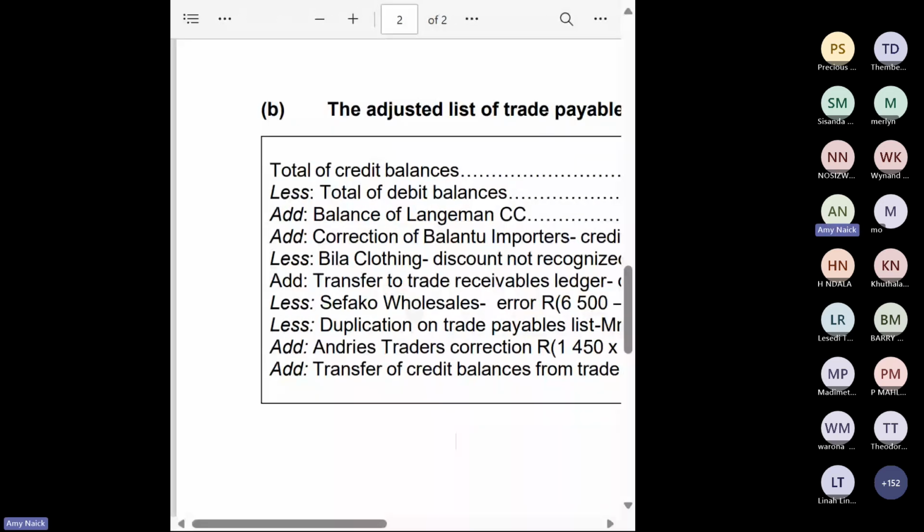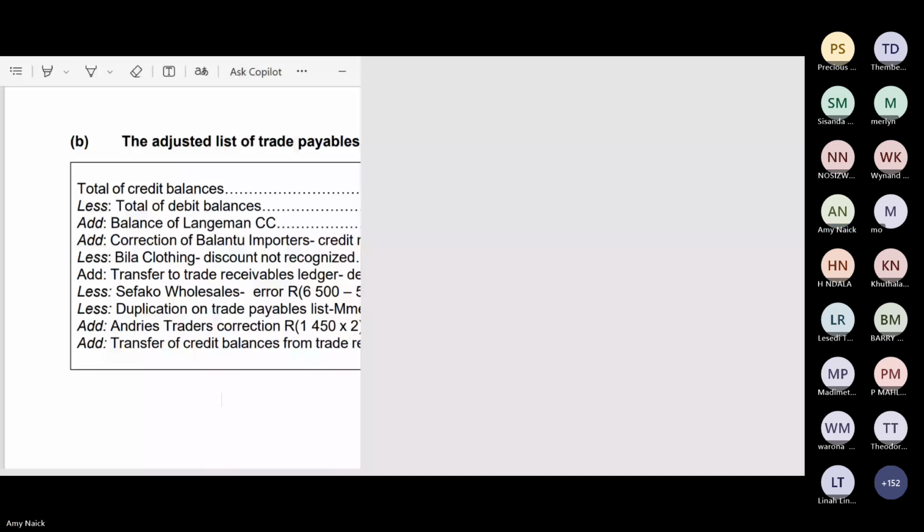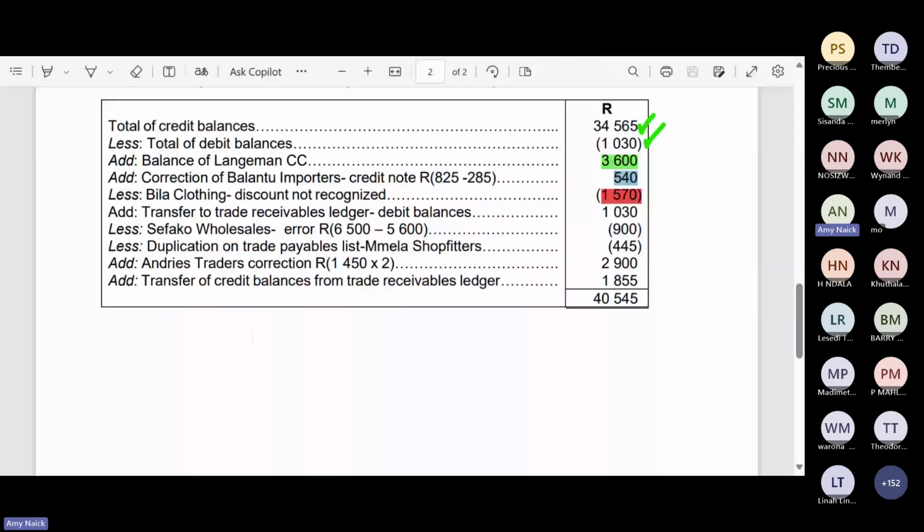Sorry, I'm just swapping between screens here. Remember, when you're raising a creditor, you are crediting the trade payables account. When you receive a discount or a purchase return, you are effectively debiting it. So this debit leg is effectively missing from the listing, and they're saying to us that there was no amount posted.